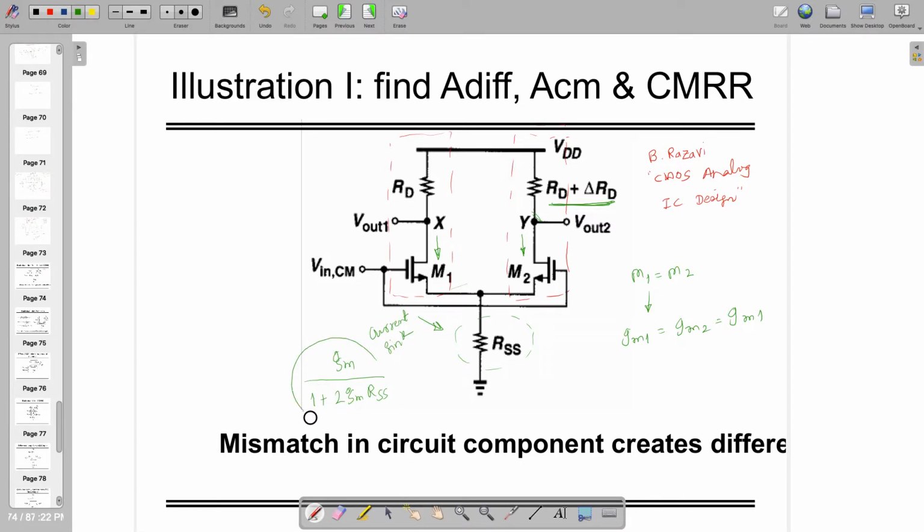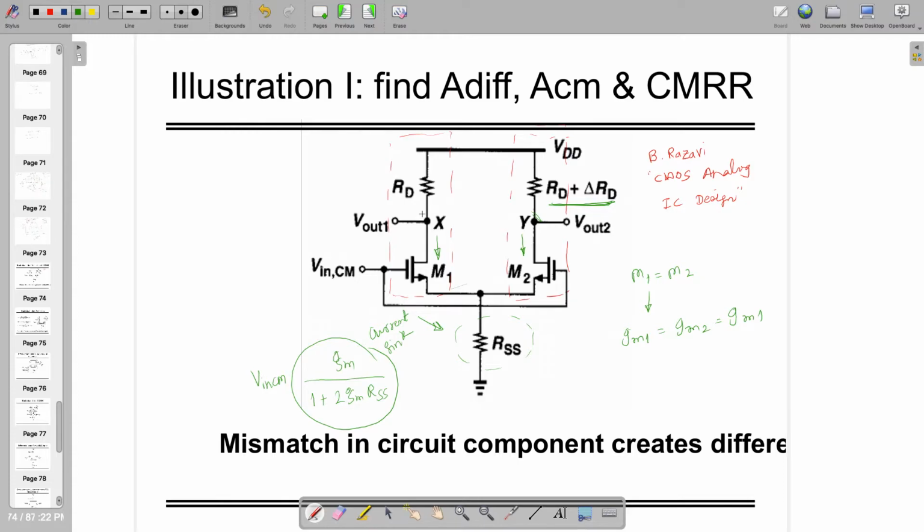So from this you can find out that something is going on. This is the current, so the input common mode times this one is going to give you the current, right? And that is going to impact the value across these resistances.